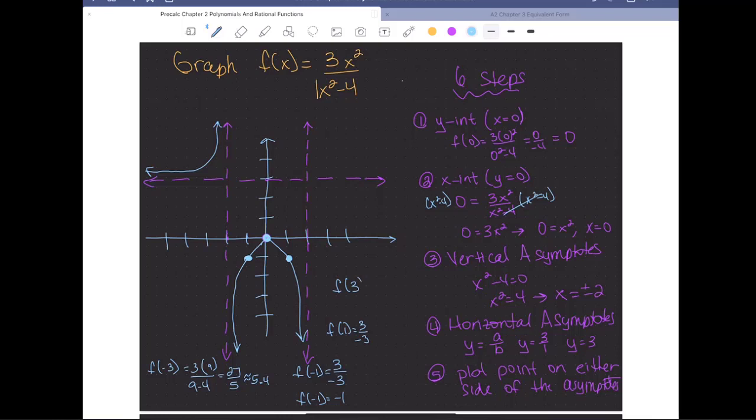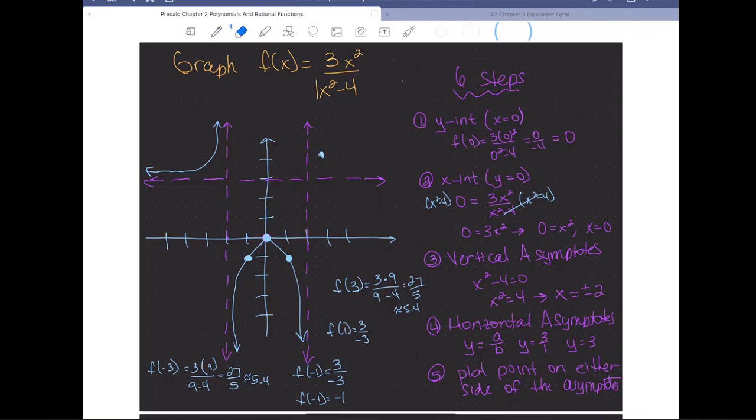So f of 3 is going to equal 3 times 3 squared, 3 squared is 9, over 3 squared is 9 minus 4. So that's going to give us 27 over 5. And guess what? We already did that. And what did we get? We had approximately 5.4, right? So we know that when our x is 3, our y is 5.4. So we know we're up in this area.